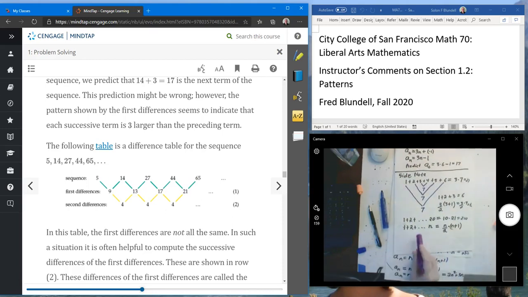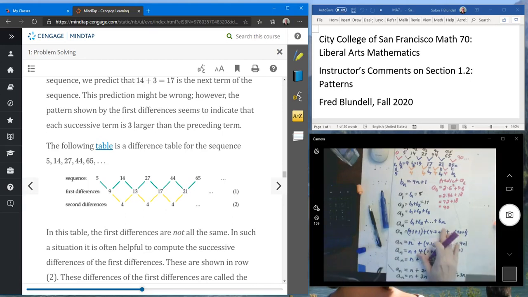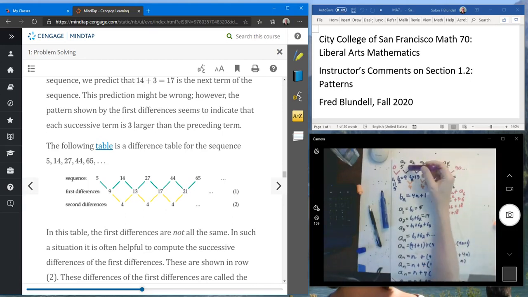And the second thing we learned was, here's Gauss's formula for what you get when you add up the first n integers. That's the second thing we learned. And then the third thing we learned was how to solve a second order difference table. You just keep doing the differences or the differences of the differences until you get down to a constant, if that ever happens. So this method only works if you find you get down to a constant at some point.